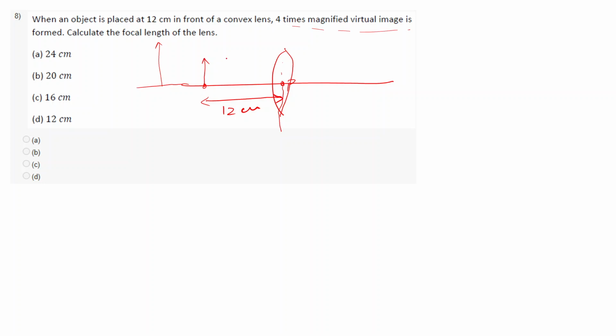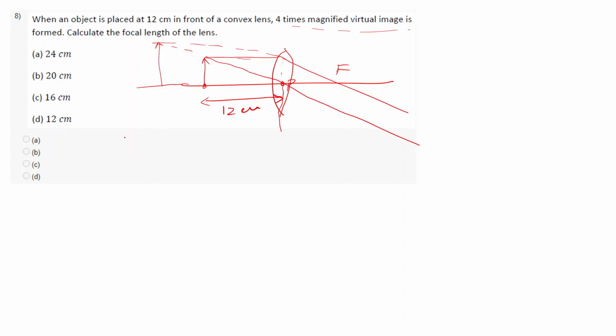In this case, the parallel ray going from this object will pass through the focus. From this pole, the ray will be going, and they appear to meet at this side. So this is where we see the image. Okay.